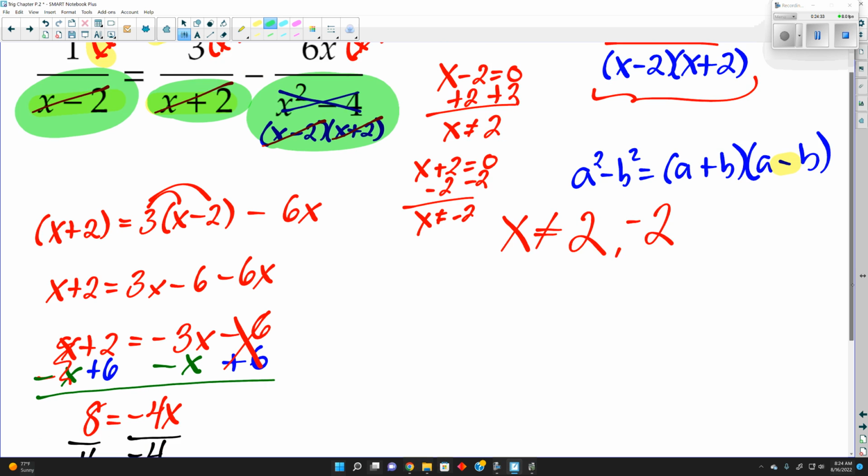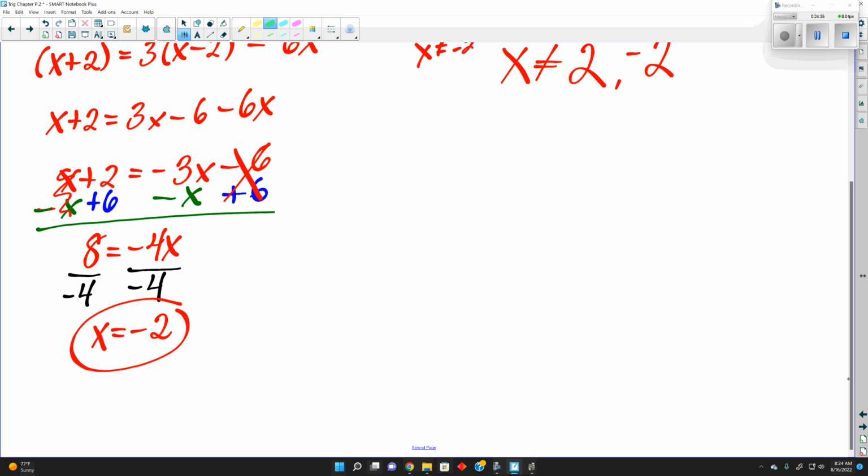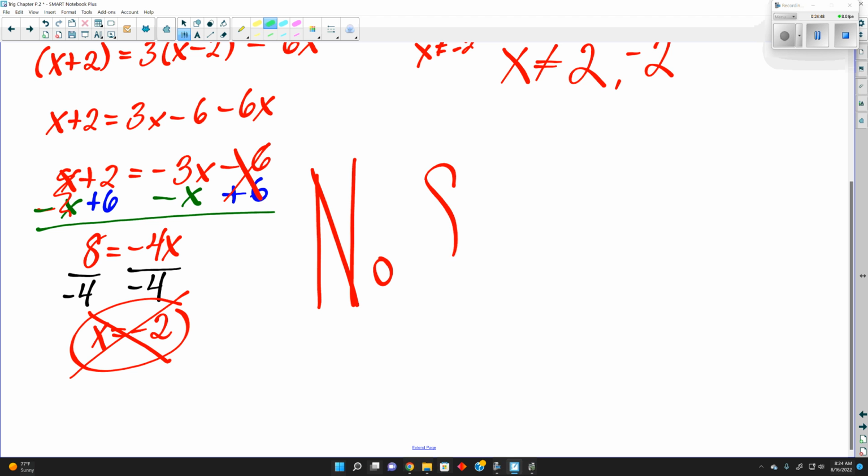Okay, that's kind of nice to know. Unfortunately, our one answer that we got was negative 2. X cannot be negative 2, so this is actually a no solution.